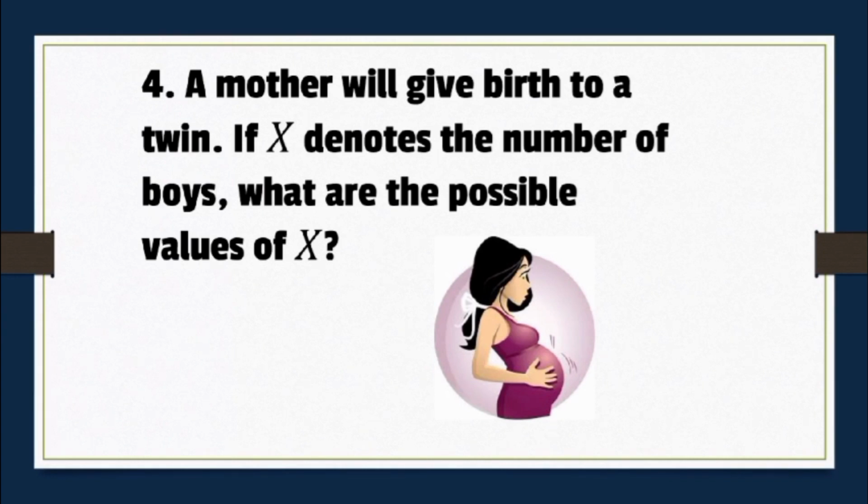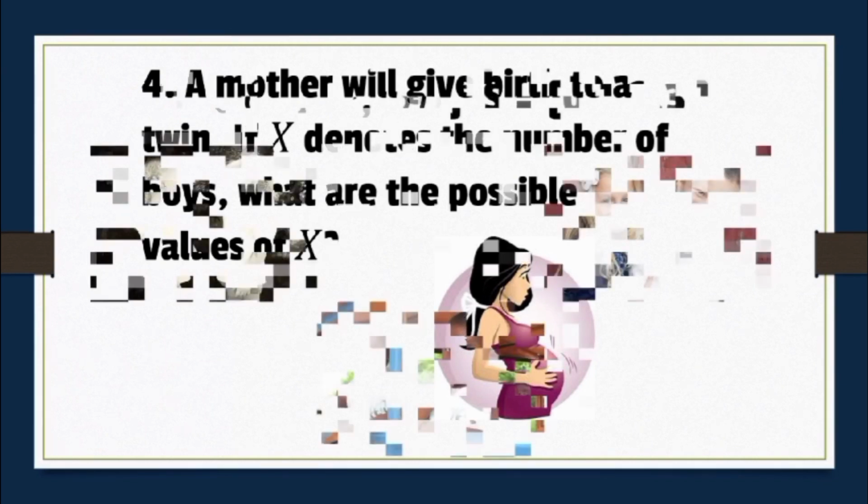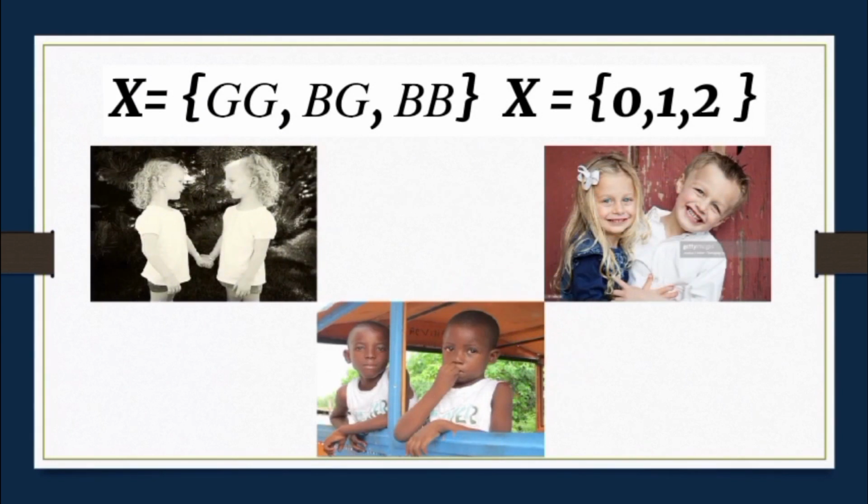In problem number 4, a mother will give birth to twins. If X denotes the number of boys, what are the possible values of X? In this problem, the first thing that you must do is to list the possible outcomes. Let B represent boys and G represent girls.